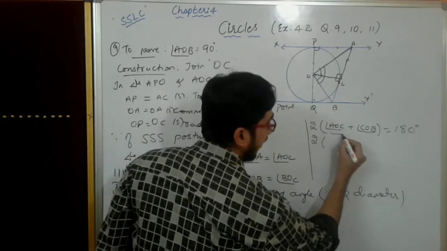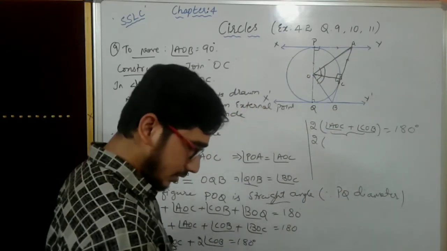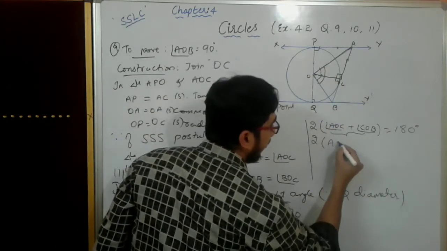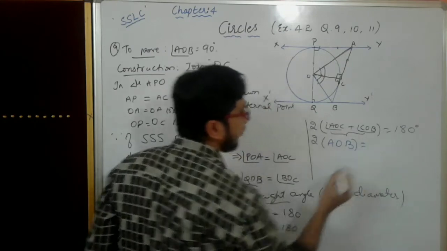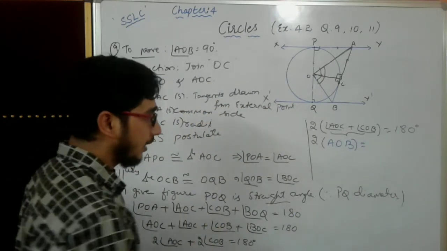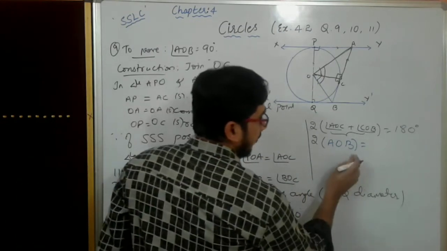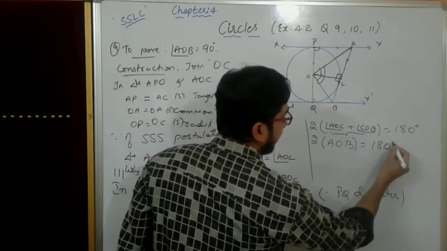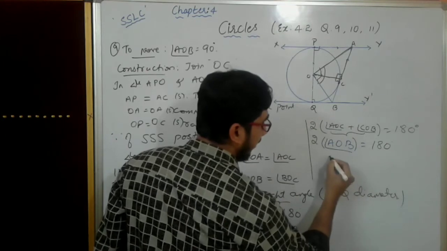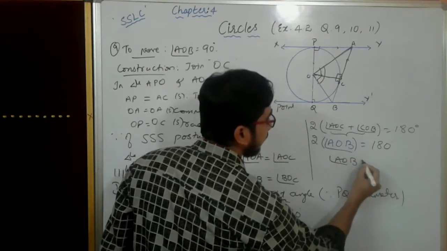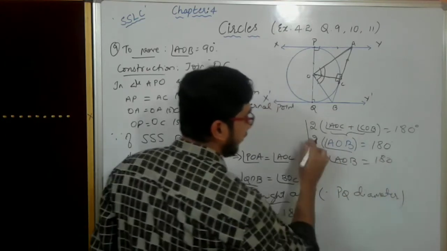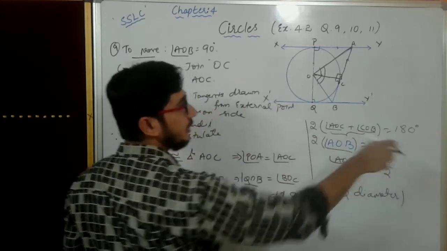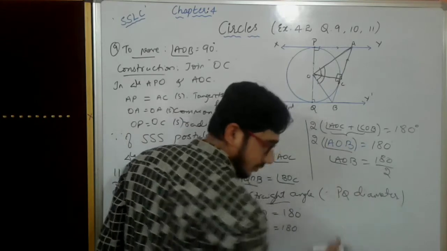In this place I will replace AOB. This is the most important step, which is equal to 180 as it is. Angle AOB is equal to 180 divided by 2, since the 2 will come to the denominator on the RHS.